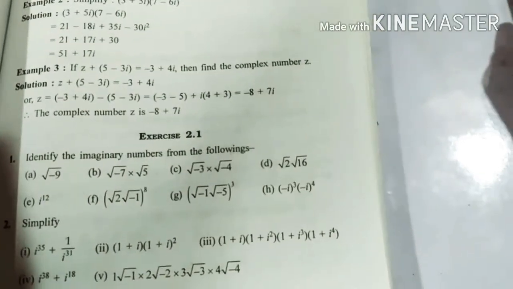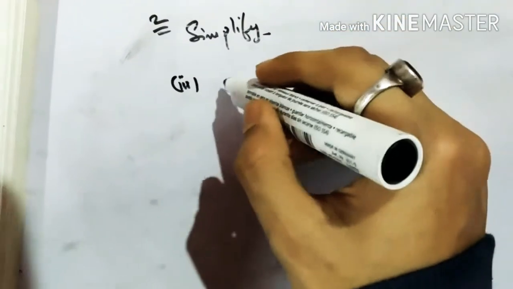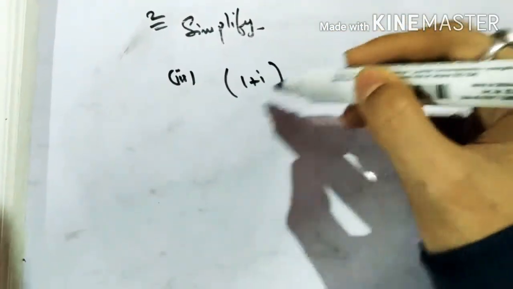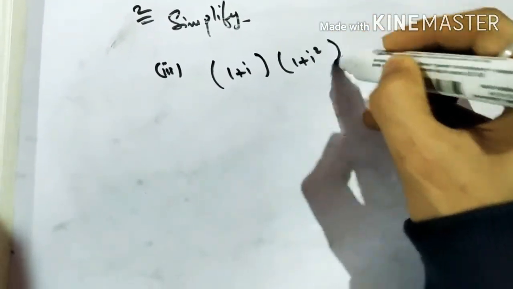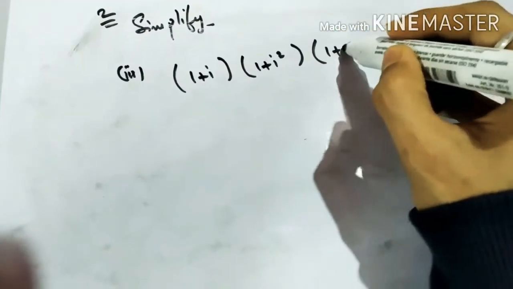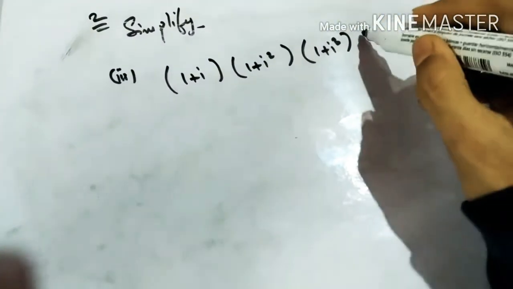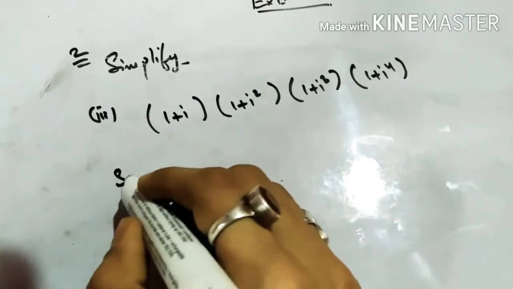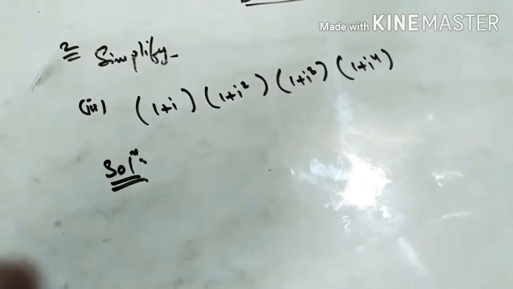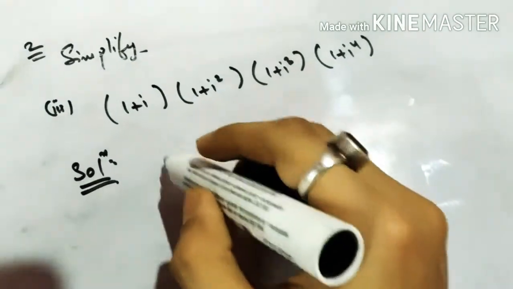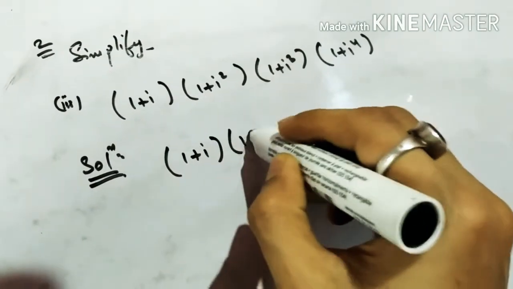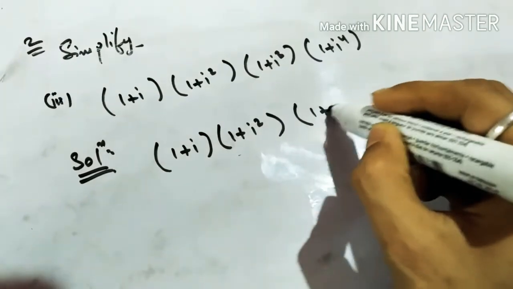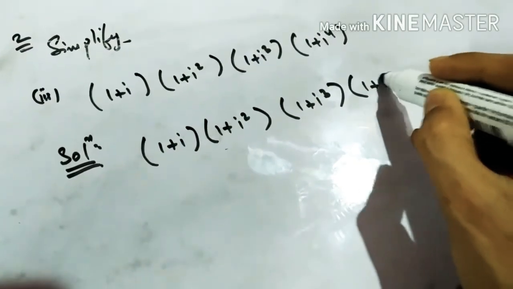Next it is question number 3: (1 + i)(1 + i²)(1 + i³)(1 + i⁴). Solution: (1 + i)(1 + i²)(1 + i³)(1 + i⁴).